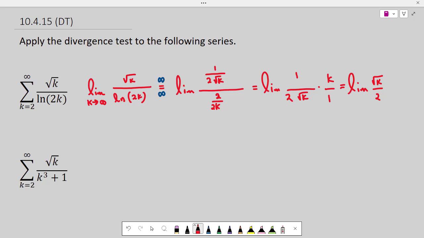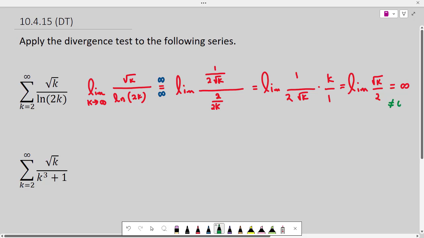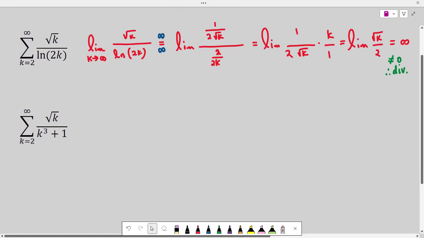So what is our limit then? Infinity. So our conclusion, this is not equal to 0, therefore diverges. So if that limit is not 0, it must diverge. So that is the divergence test.